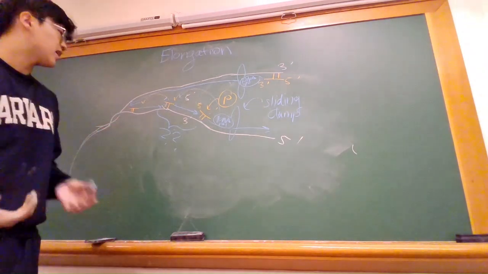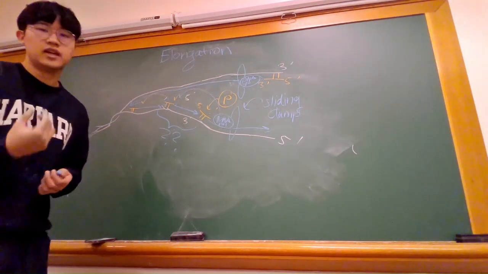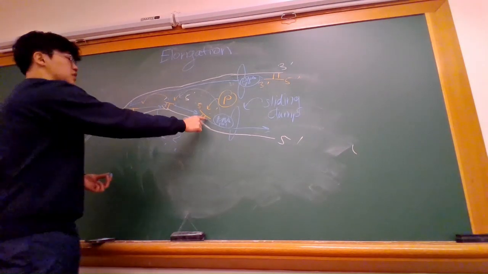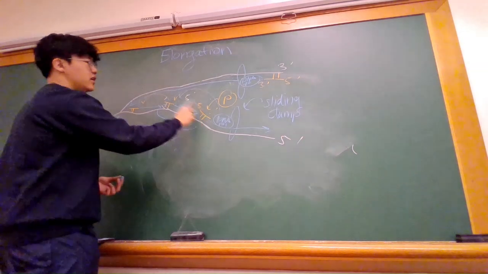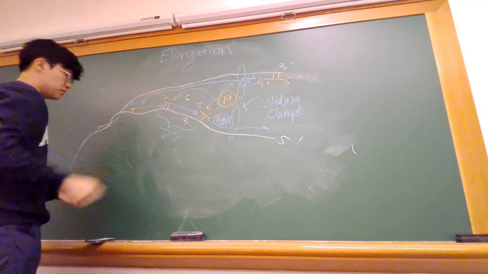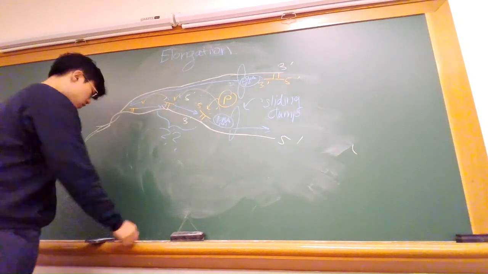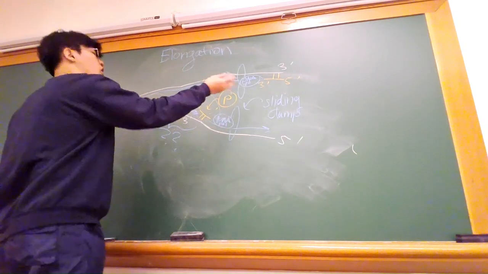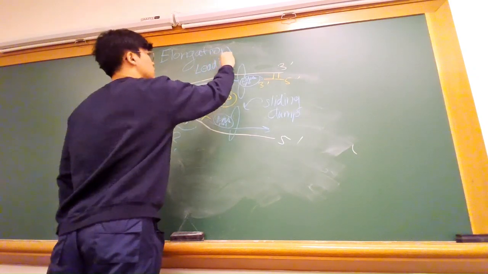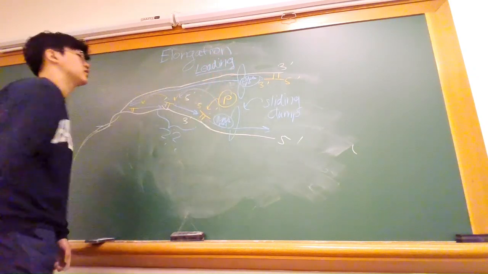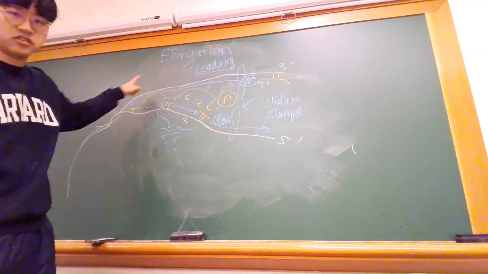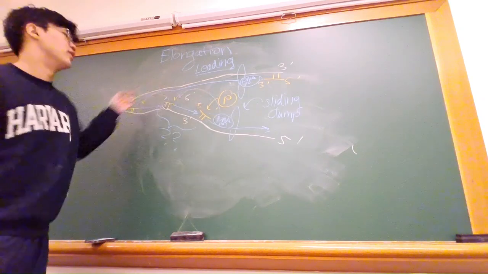And remember, the entire reason for this is that DNA polymerase can only build DNA off of a free 3' end, and this primer provides that 3' end when it can only go this way, whereas the 3' end is here, so it can go this way from the top. So we call this top strand the leading strand, because it's leading the DNA replication process, since it can just continue unbothered all the way through.